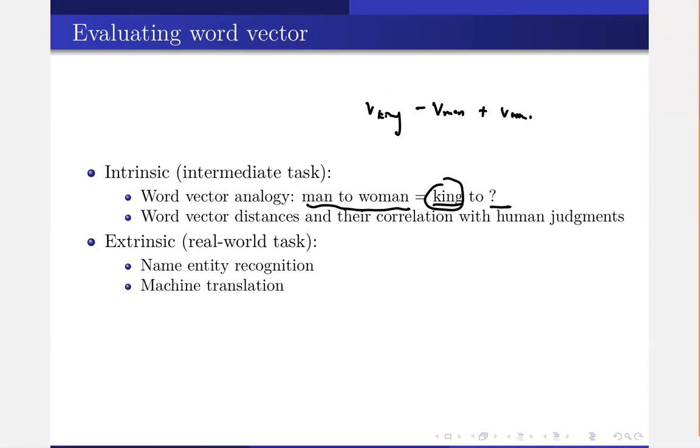So we want to find the corresponding representation for the female king. We can look for the Ui that maximizes the inner product of Ui transpose with this thing. So we look at the i here, and this argmax of that should give you queen, something like that.